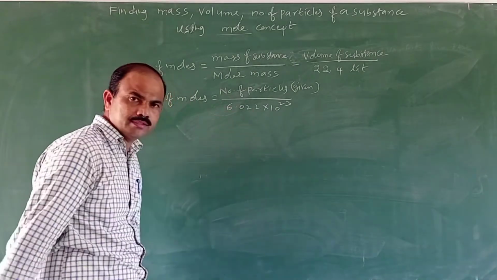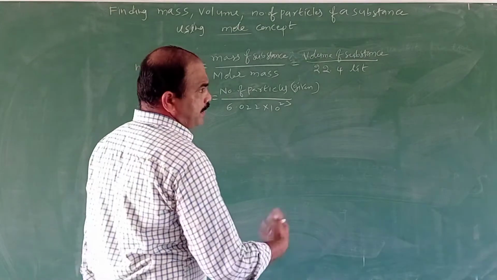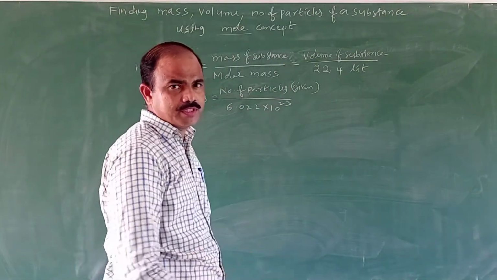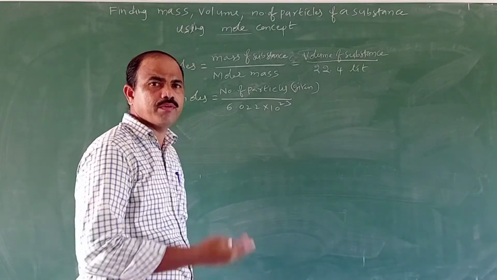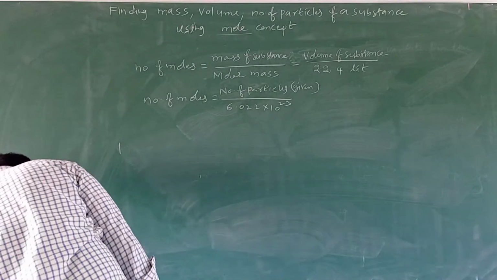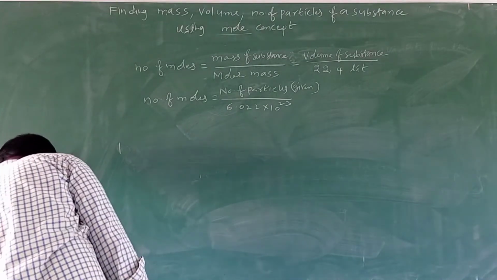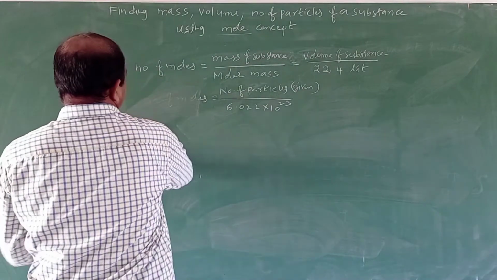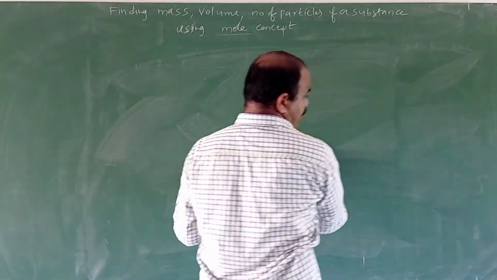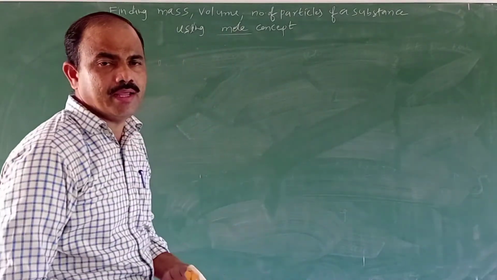If we know these formulas, we can easily calculate the mass, volume and number of particles of a substance using the mole concept if a chemical reaction is given. So I am taking one chemical reaction in which we have to find the number of particles, mass as well as volume.